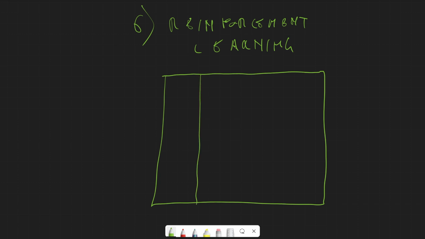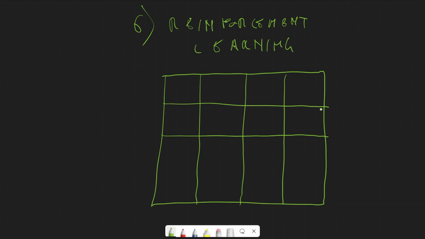So imagine that we have a chessboard like this one. And on this chessboard, we have a piece that we are going to call an agent. And this agent has a series of actions at its disposal to move in different locations of this chessboard. For instance, it can go up, down, left, and right.